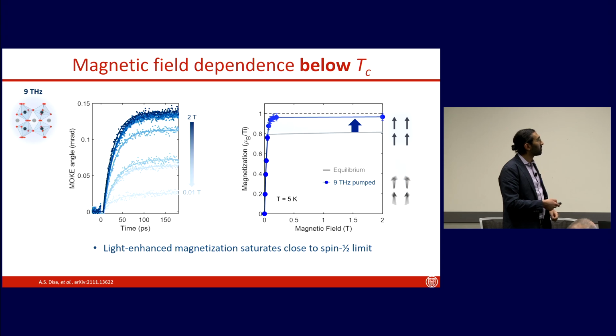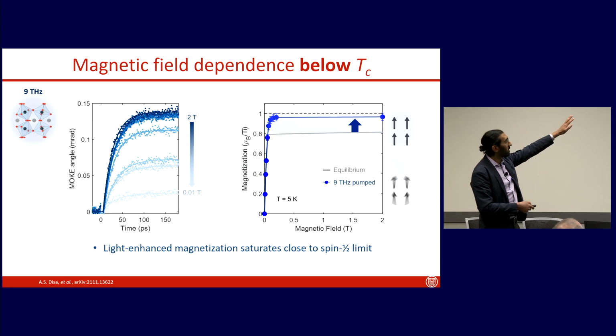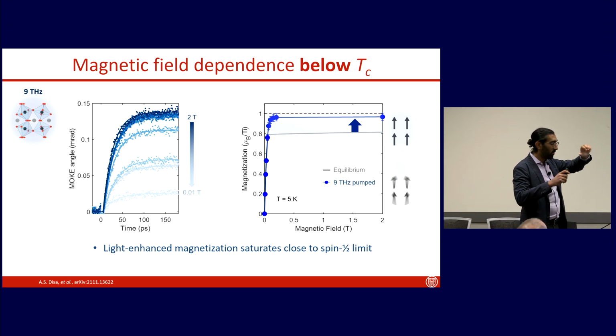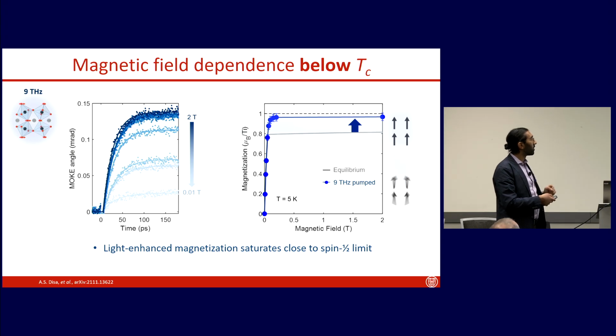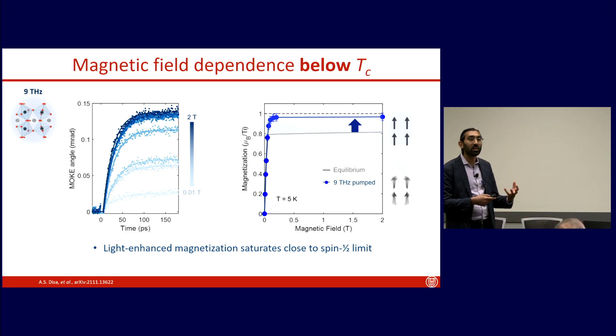If I convert this into a magnetization, what you find is that in the non-equilibrium state at long times, you end up with a magnetization which saturates very close to that ideal spin-1/2 value. This is somewhat suggestive that whatever fluctuations are preventing the system from gaining its maximum magnetic order are perhaps being suppressed by the pump.